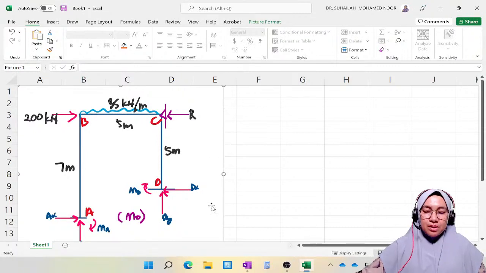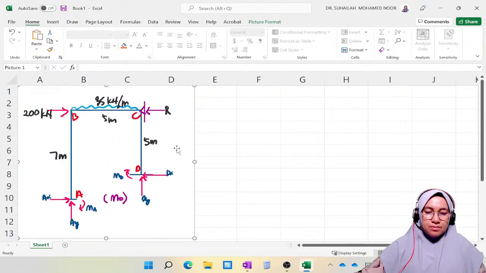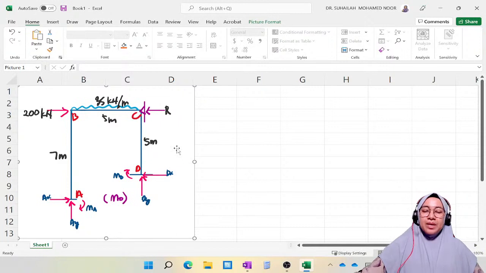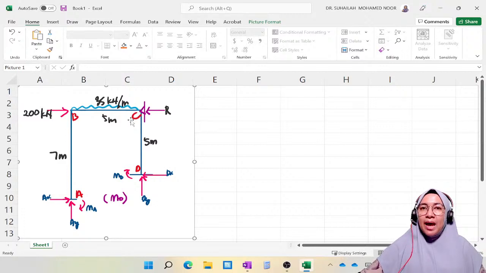I reduce it a little bit. For table number 1, we will calculate the end moment, and the label for end moment is M naught. So we have here 3 members. 3 members means we have 6 end moments because one member has 2 ends.